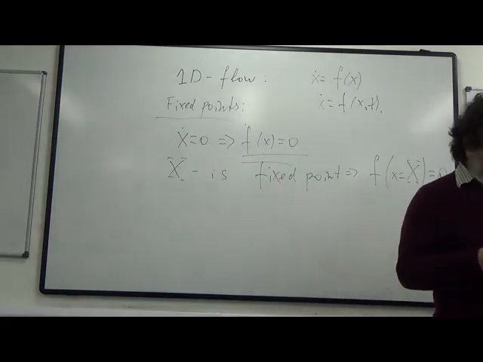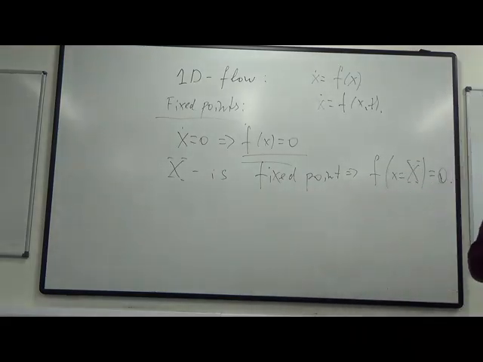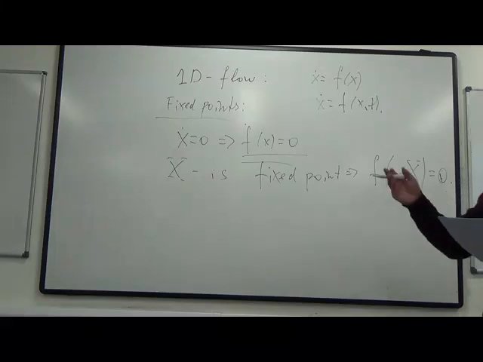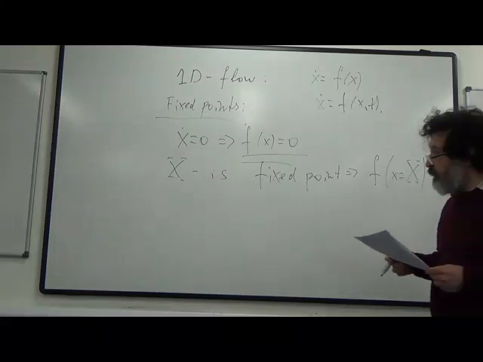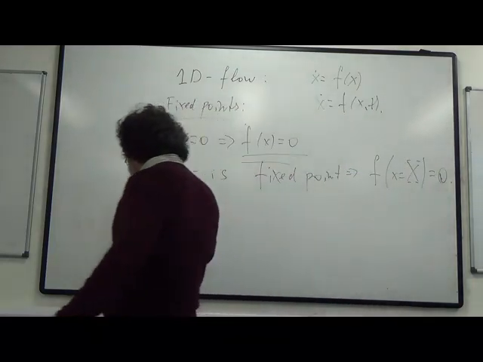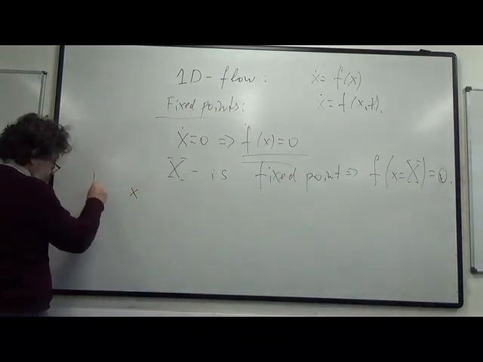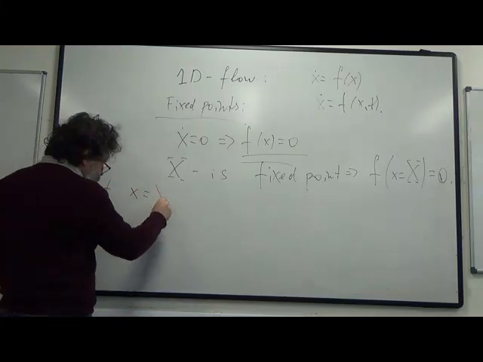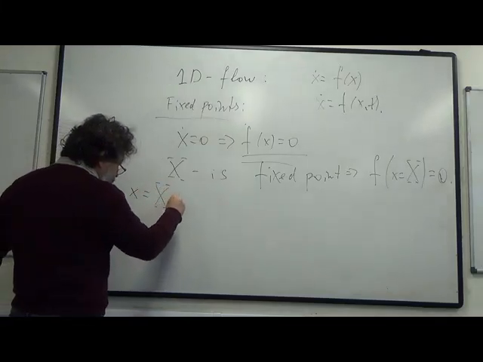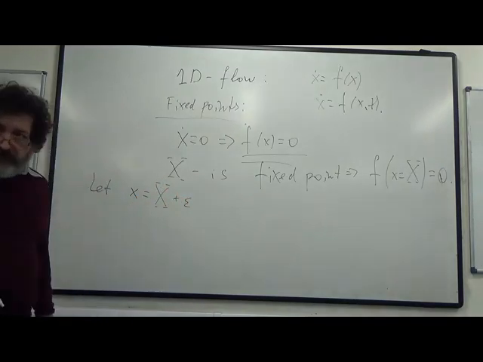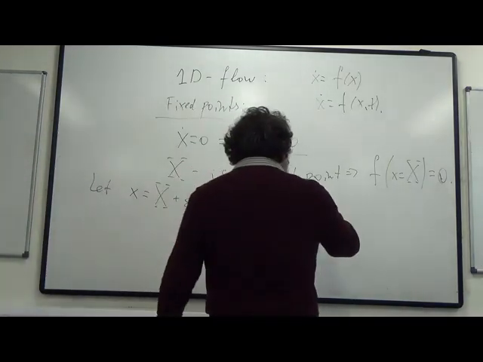In question 1 it uses n instead of x, but it doesn't matter, it's just a change of notation. So we say, okay, let x equal x capital plus epsilon, something in the neighborhood. Epsilon is very small.